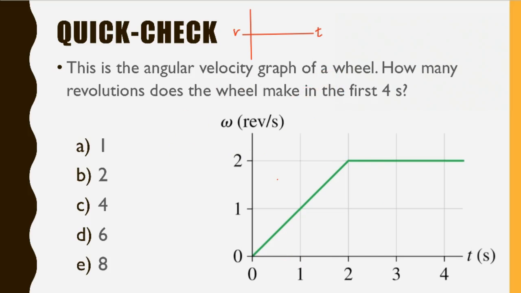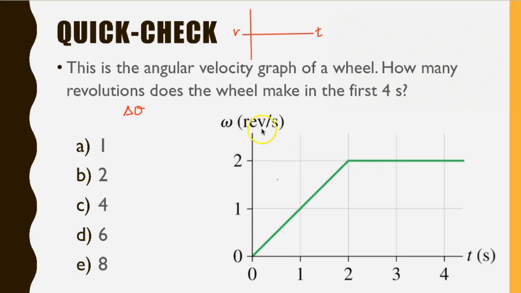So here we go. They want to know how many revolutions the wheel makes in the first 4 seconds. How many revolutions? What is that going to be referring to? The number of revolutions is going to be some measure of theta, the angular displacement.